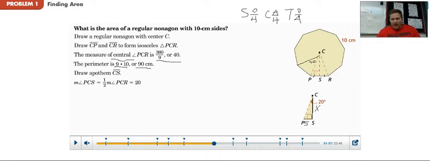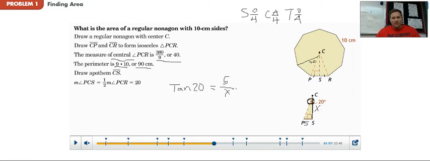And so if I am starting at this angle, remember I start at the angle when I'm doing my trig functions, and this 5 right here would be opposite, the x would be adjacent, so I'm using my tangent. So I have the tan of 20 is going to equal, the opposite side is 5, and the adjacent side is x.